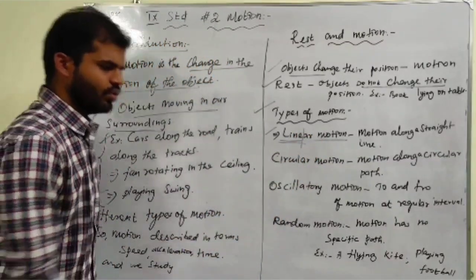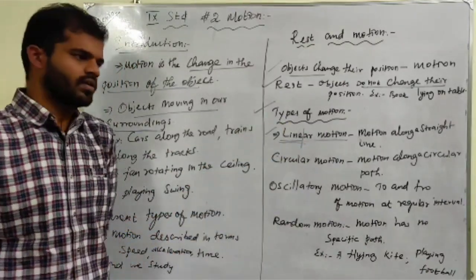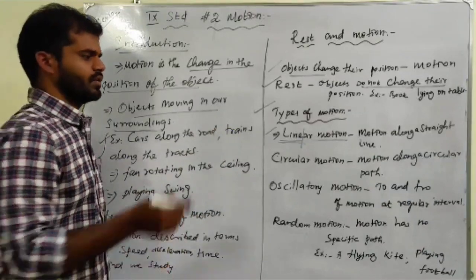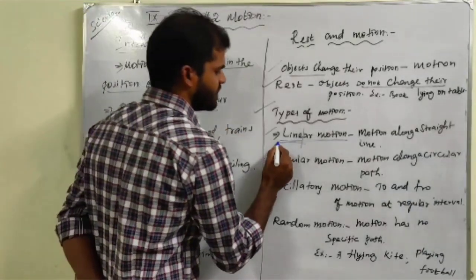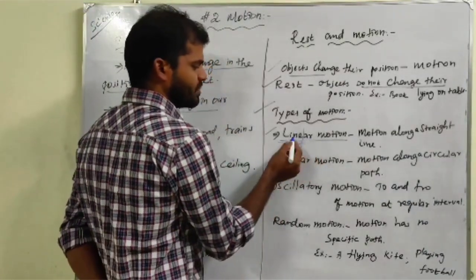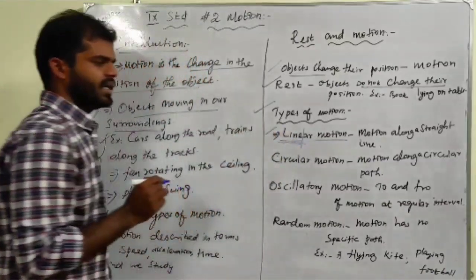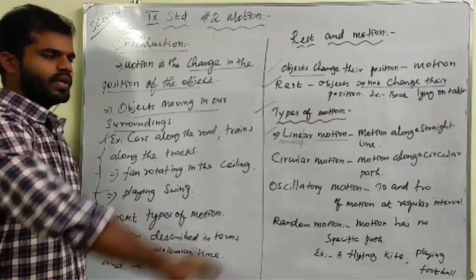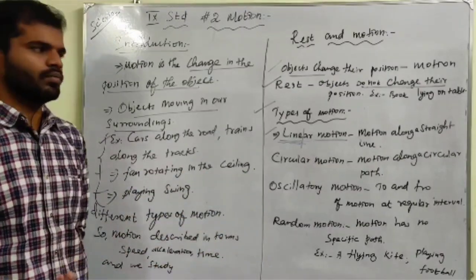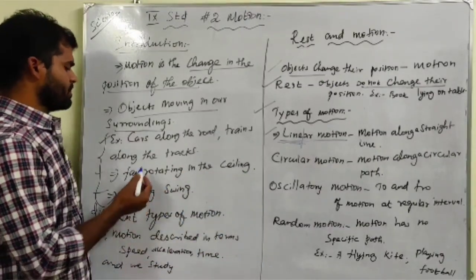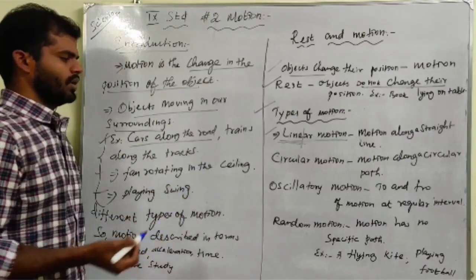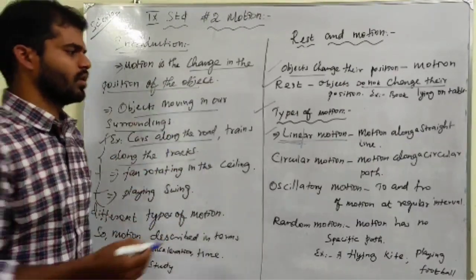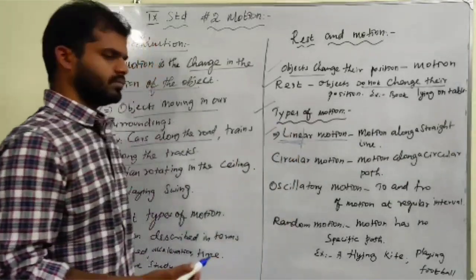That is the easy way to remember. So our object is moving in a straight line, that is called linear motion. For example, as I told you, cars along the road, trains along the tracks, all of them go in a straight line, so that is called linear motion.